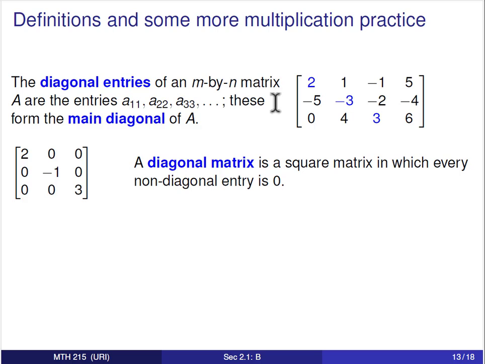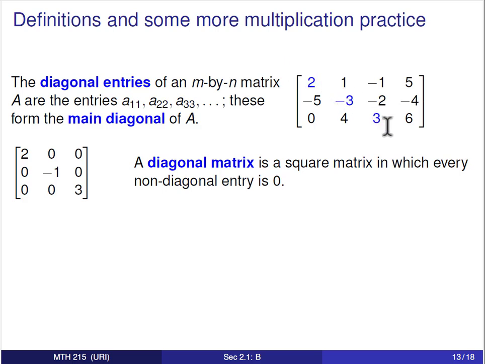Okay, we're going to wrap up the video in just a few minutes here, but we have another definition that will come in handy. The diagonal entries of a matrix are the 1,1 entry, the 2,2 entry, the 3,3 entry, and so on, all the way through the end of the rows and columns there. These are called the diagonal entries.